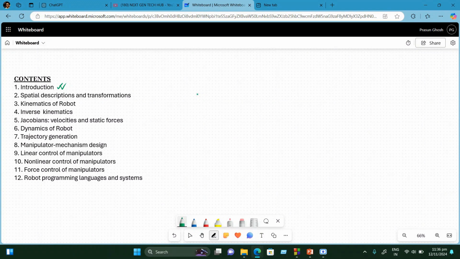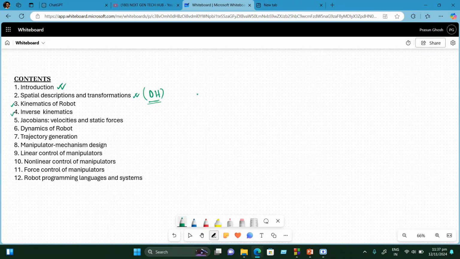Then spatial descriptions and transformations, and this will include the DH matrix of robotics. The DH matrix is used to calculate the position of the end effector. Now, what is an end effector? I will tell you.